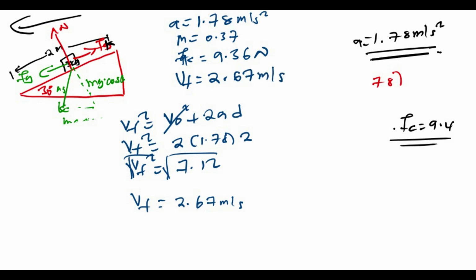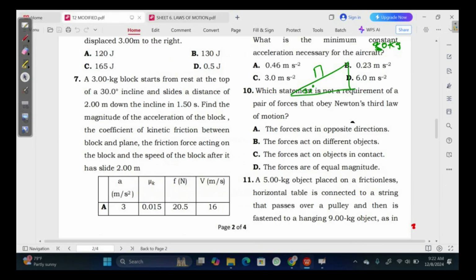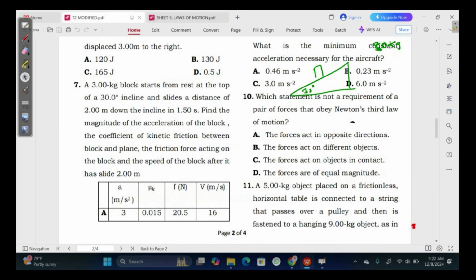So now these are the answers we want to go back and check. You can write them down, and then we compare with the answers. You have written them down? Okay, so let's go back to my question 7. Acceleration, we found that it's 1.78, meaning that A definitely is not the answer.